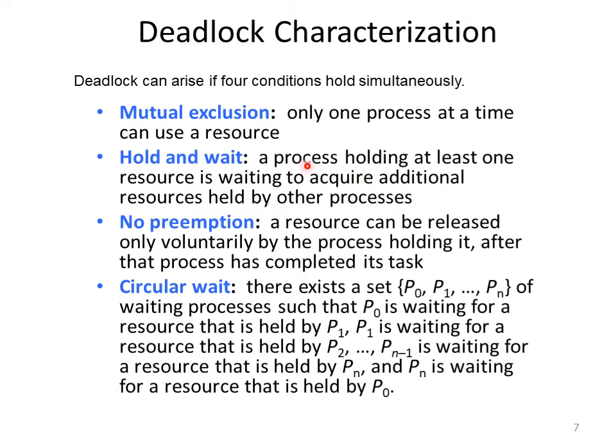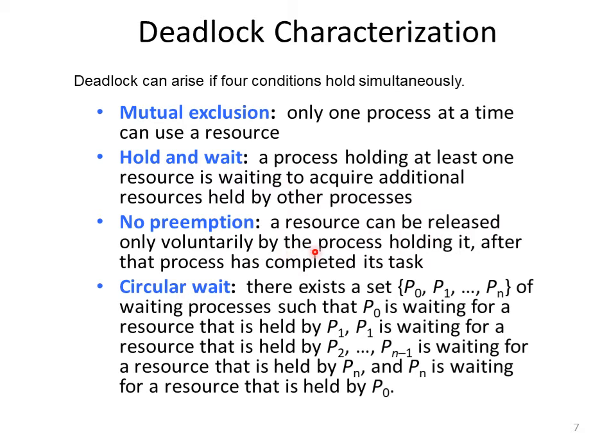That is, process P1 is having one resource R1 and it is waiting for another resource held by process P2 to complete its task. So it is having one resource and it is waiting for another resource held by the other process P2. So this is called as hold and wait. No preemption.